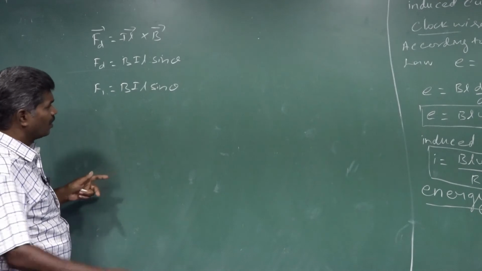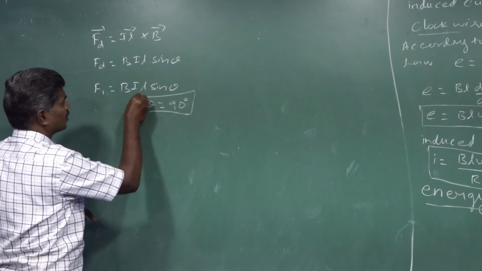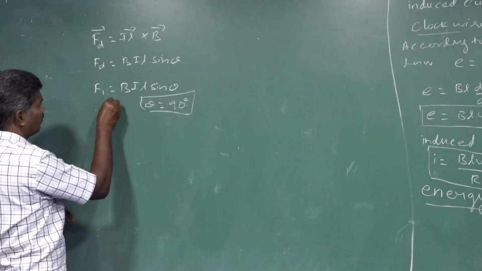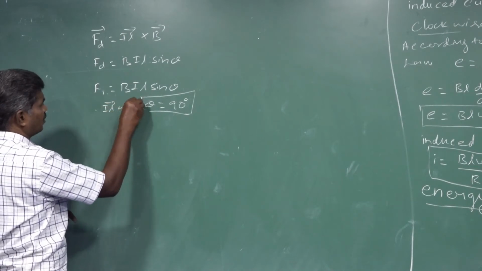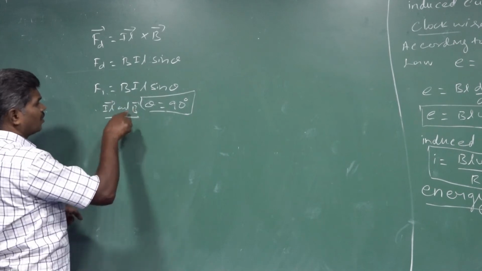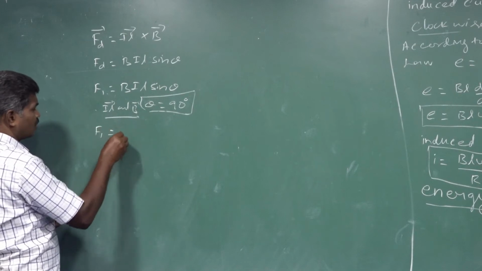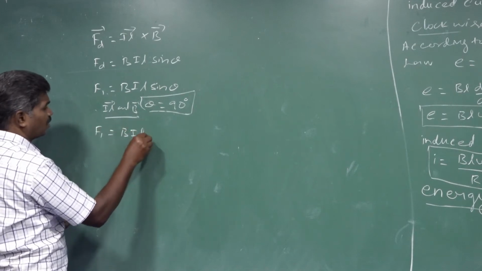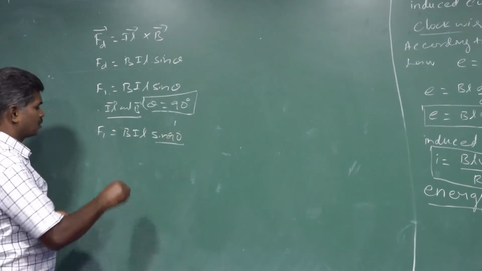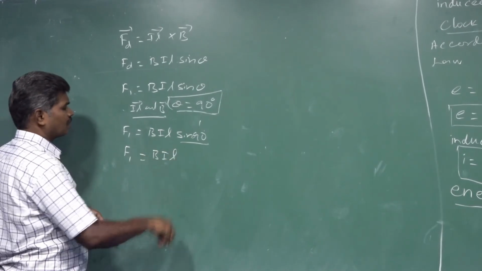So the angle theta is 90 degrees. Theta is the angle between the IL vector and the B vector. So F1 is equal to BIL sin 90. Sin 90 becomes 1, so F1 is equal to BIL.